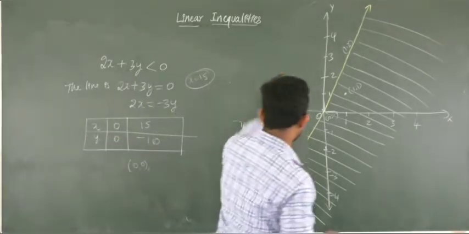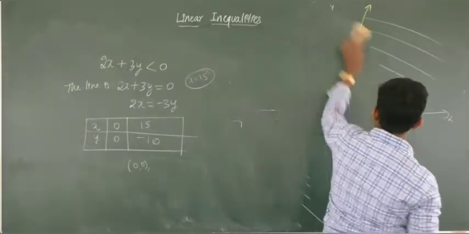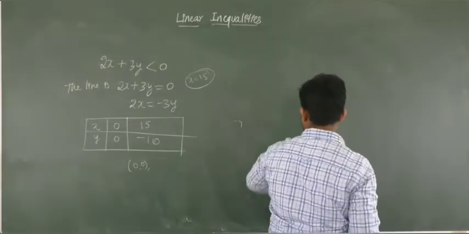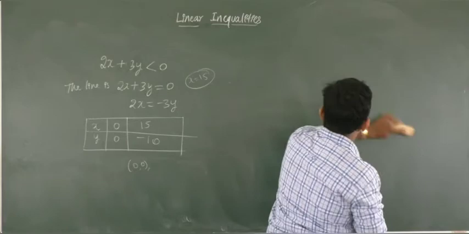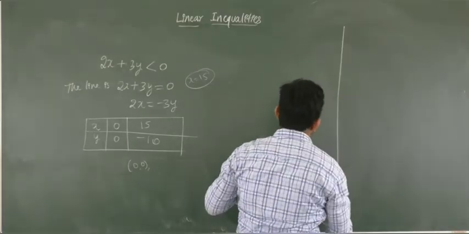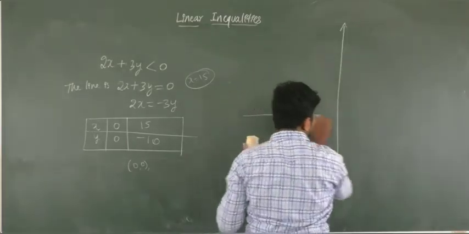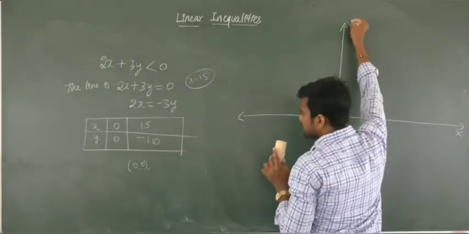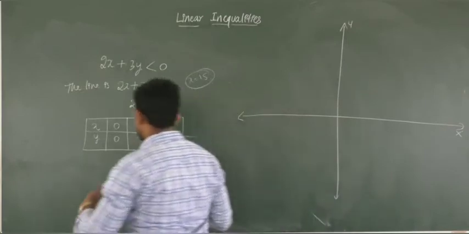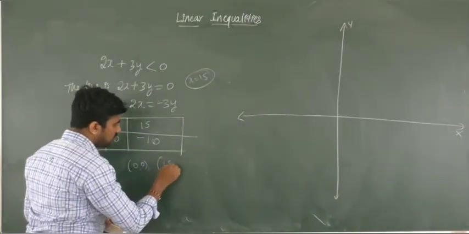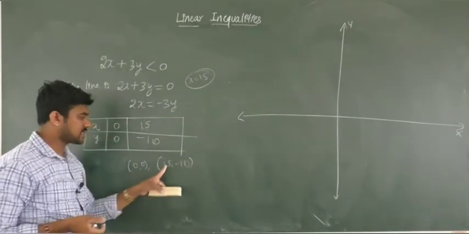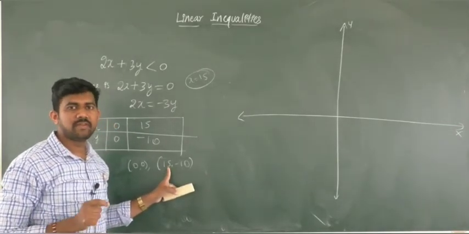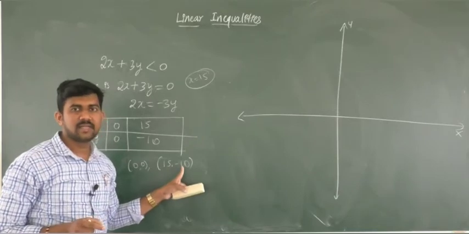Okay, now take the graph here, by taking the Cartesian plane. Now observe here, the points are 0, 0 and 15, minus 10. On the x-axis we need a minimum of 15, and on the y-axis minus 10 also.